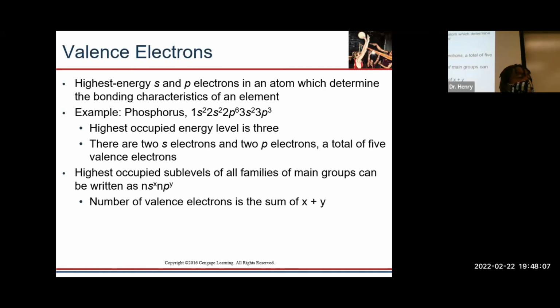Okay, so we've talked about valence electrons, right? Those are the electrons that we're going to be able to use. We're not going to use the core ones; we're going to use the ones that are extra.